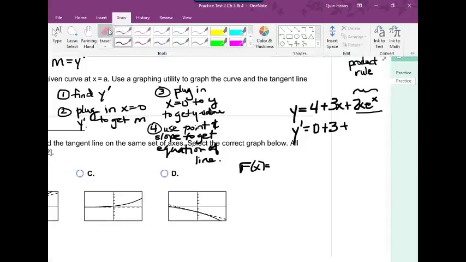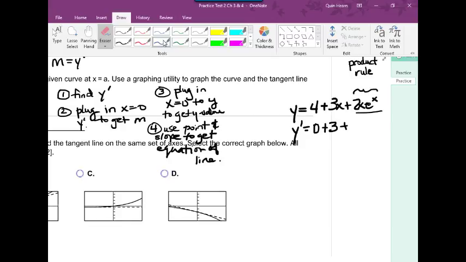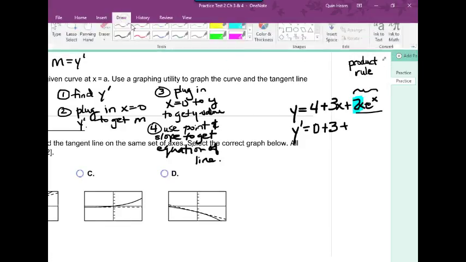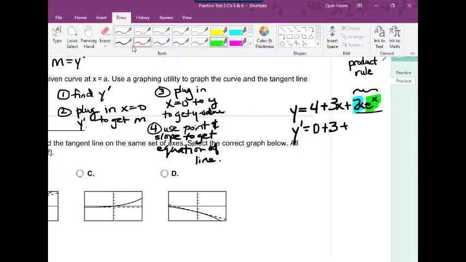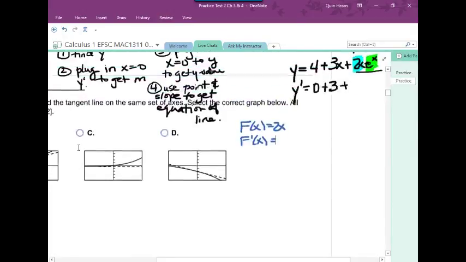To take the derivative of this term using the product rule, we'll think of 2x as the first function, and e to the x as the second function. If f of x is 2x, then its derivative would be what? What's the derivative of 2x?